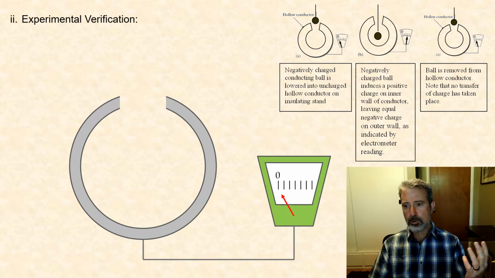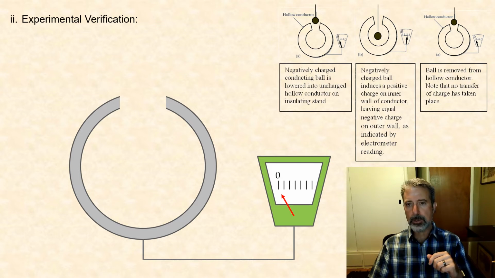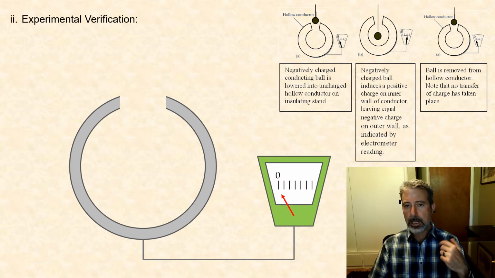So first of all, just a note about the electrometer in the demonstration and what it's actually measuring. Notice that the electrometer, as you can see illustrated in the diagram here, is electrically connected to the outside surface of the conductor. And therefore, what it's going to measure is the charge on that outside surface of the conductor.